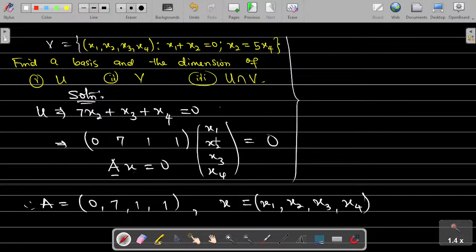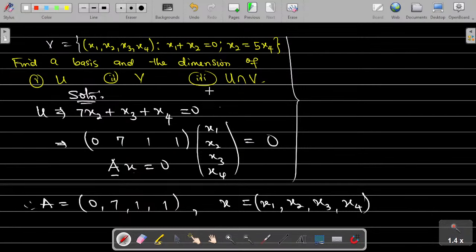All right, so what then is the next step? Remember, we are looking for the dimension and basis of U, V, and U intersection V, but we are following the steps they are giving to us. They said the solution set of U is a subspace of R^k, where k is equal to.